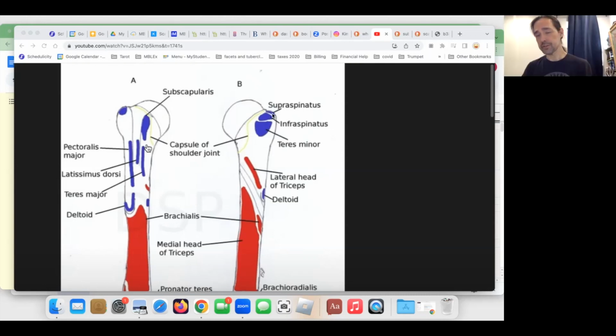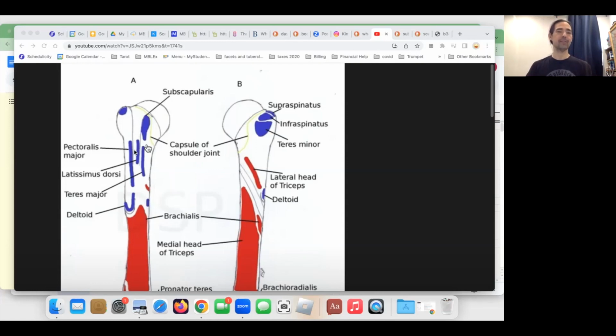So the SITS muscles, three of them, attach to the greater tubercle at the back. And one of them attaches to the lesser tubercle, which is more in the front, more medial. In between the two of them there's a tendon, the biceps tendon. There's a bicipital groove. So in between them is the biceps.